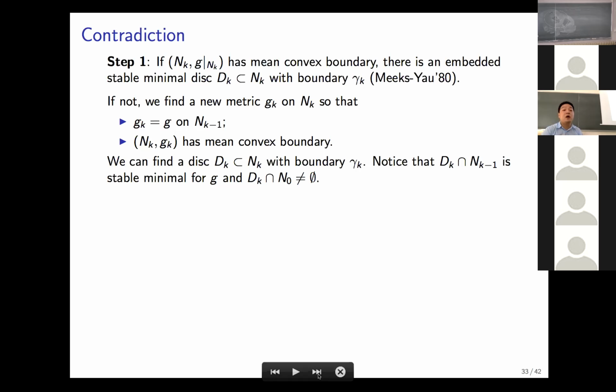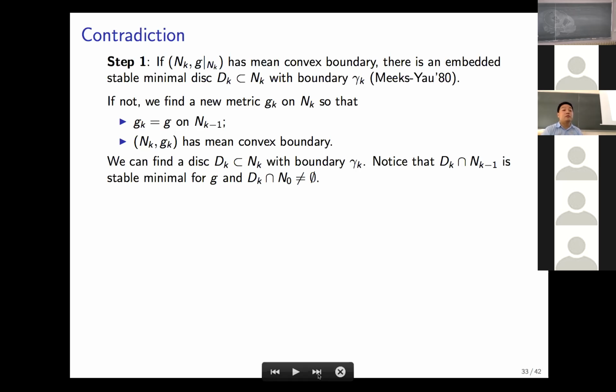Okay, if not, we can find a new metric gK on NK such that gK is equal to the original metric on NK minus 1, and NK has a mean convex boundary for the new metric.